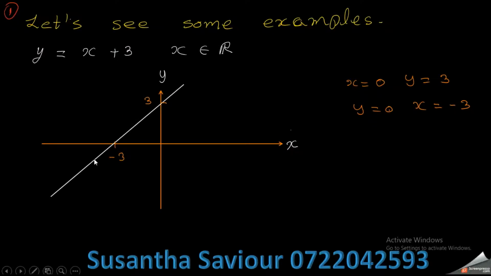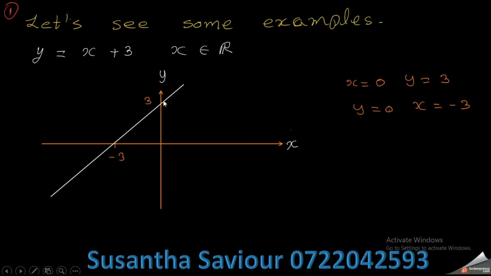Now this is the straight line, y equals x plus 3. This is a very simple graph. Now you can see when you go on decreasing x, y also will go on decreasing. In other words, when x goes to minus infinity, y also goes to minus infinity.